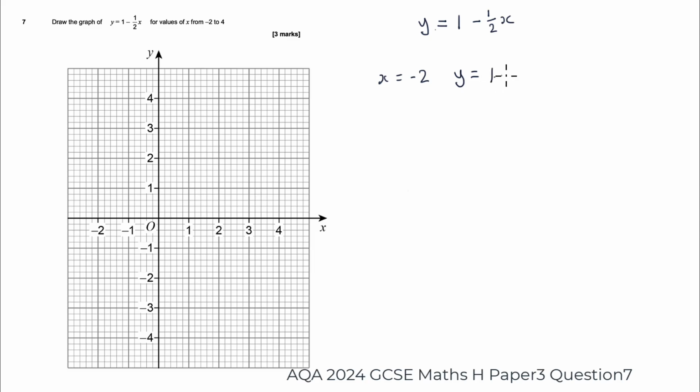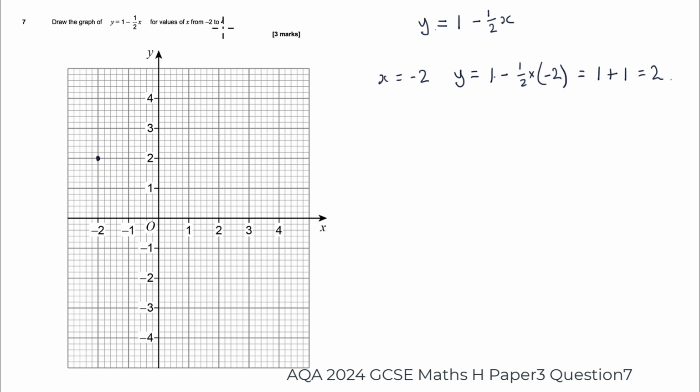So y is 1 minus a half of -2. Now let's look at that. We've got 1, and think of this as negative a half times -2. That'll be positive. Negative times negative is positive, and a half of 2 is 1. So the y-coordinate is 2. So the point -2, 2 lies on this graph. X is -2, y is 2. So there is a point on the graph.